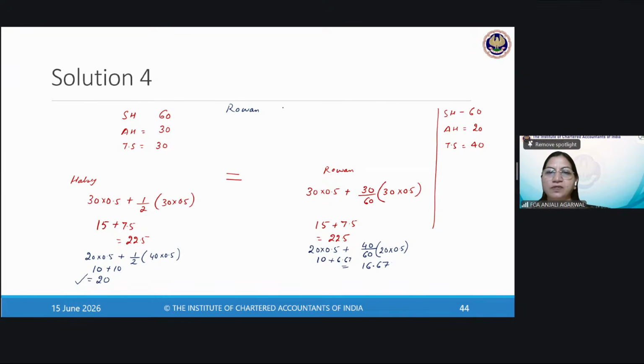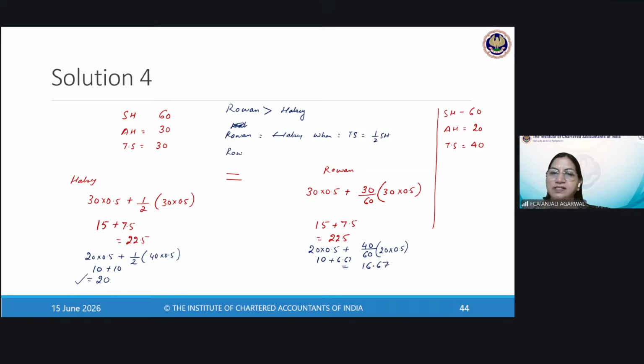So Rowan gives more than Halsey if time saved is not half of the standard time. They give equal when time saved is equal to half the standard hours.